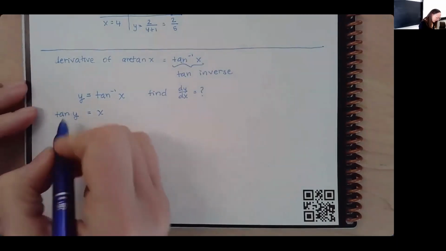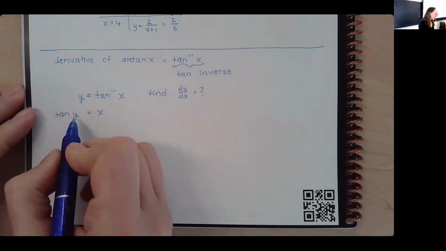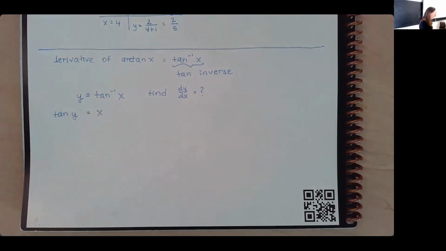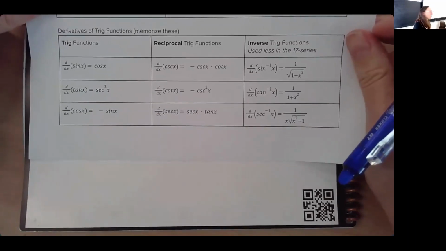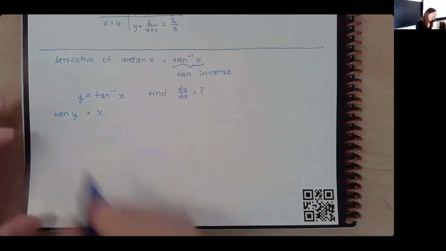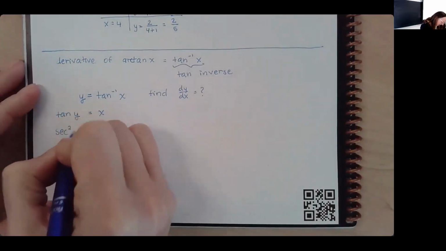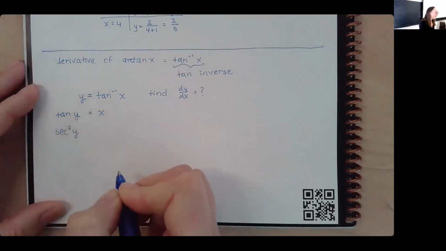So if I take the derivative of tangent of something, and if you do not have your trig derivatives memorized, they are on that front formula sheet for the handout. The derivative of tangent of something is secant squared of that something.